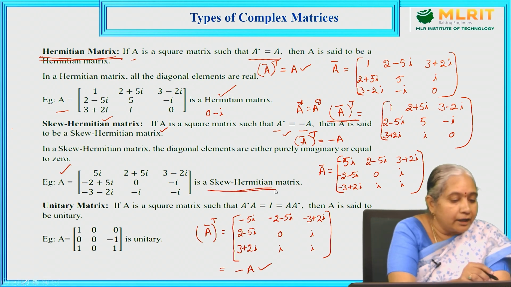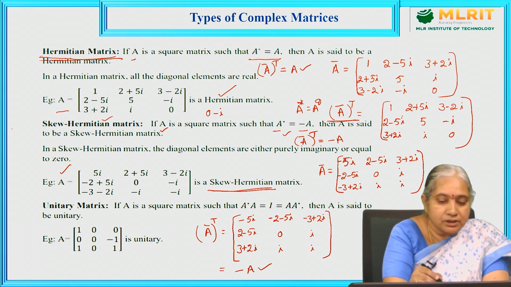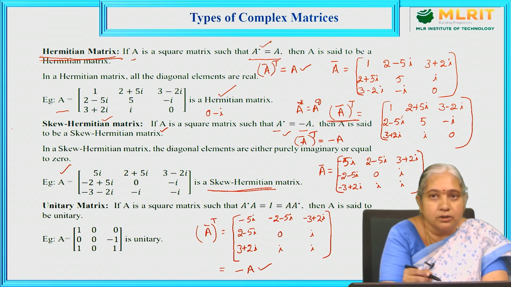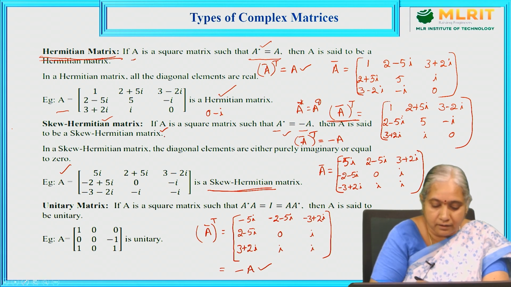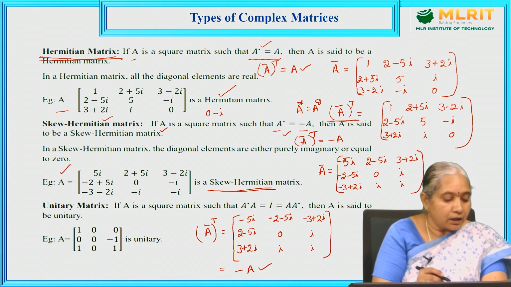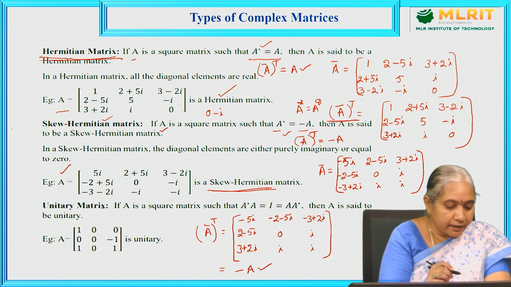So Hermitian matrix is A star equal to A, that is A conjugate transpose equal to A, and skew Hermitian matrix is A conjugate transpose, or A star, equal to minus A. Now coming to unitary matrix.